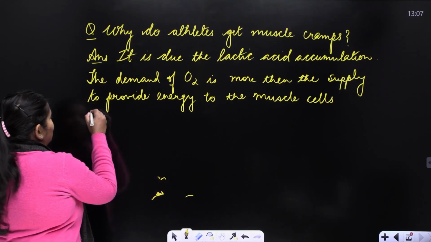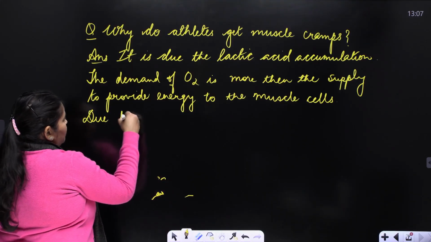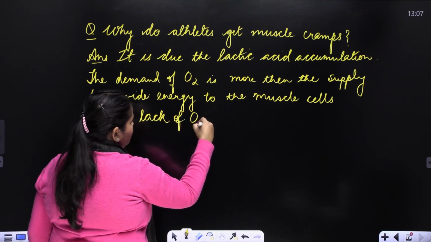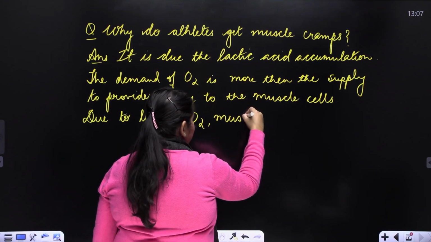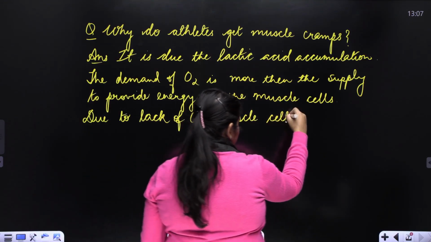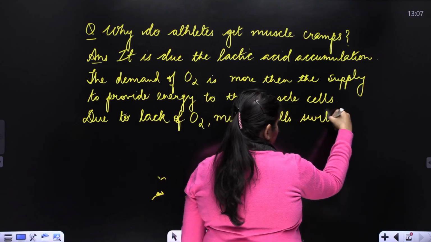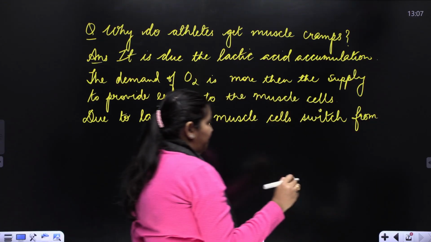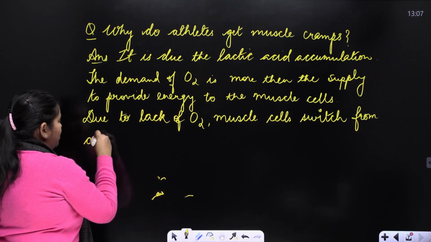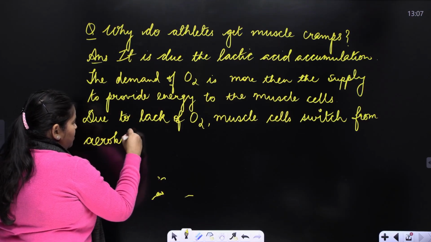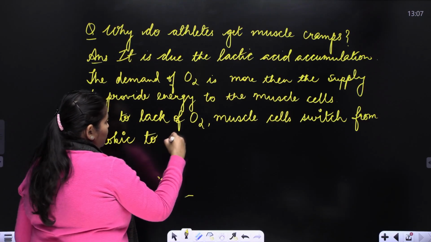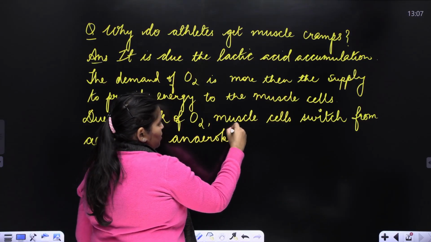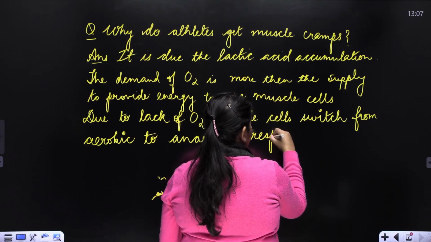But due to lack of oxygen, muscle cells switch from aerobic to anaerobic respiration.